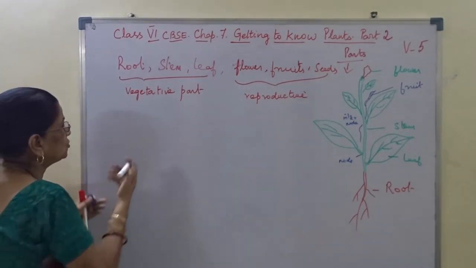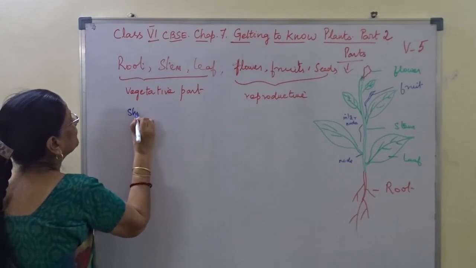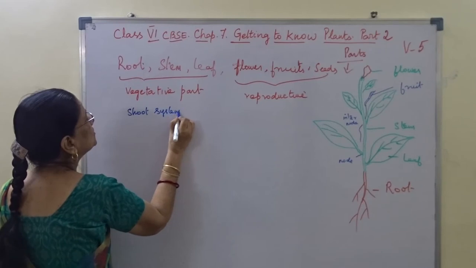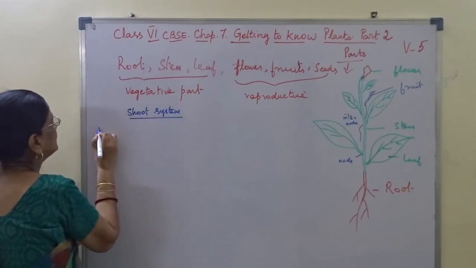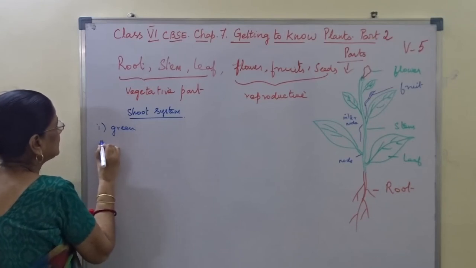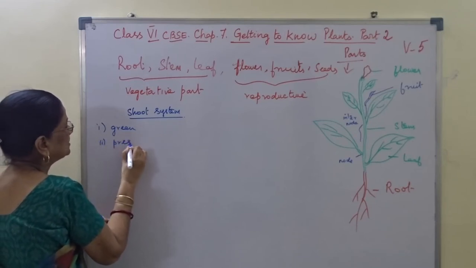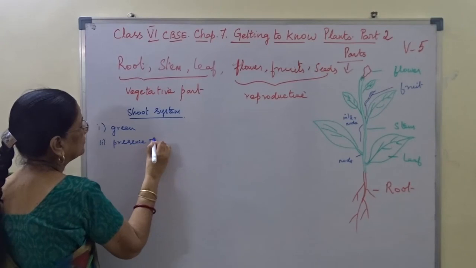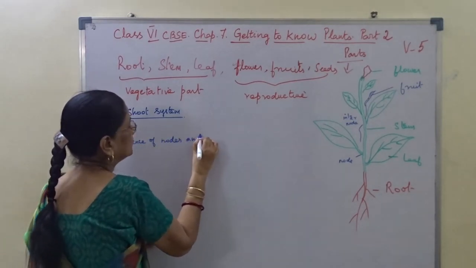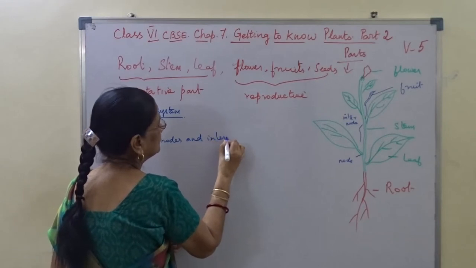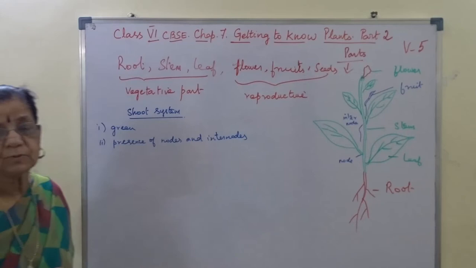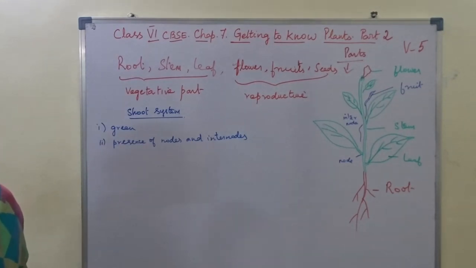So for the shoot system, the stem is green in color, with presence of nodes and internodes.